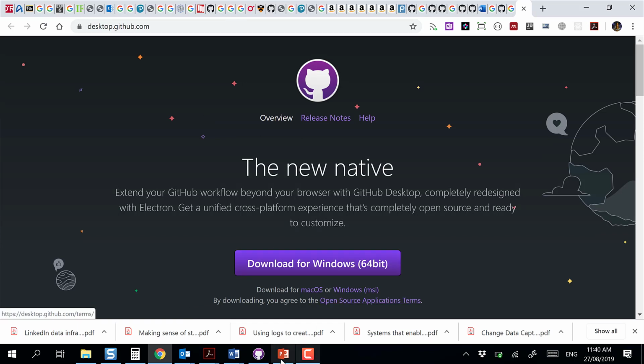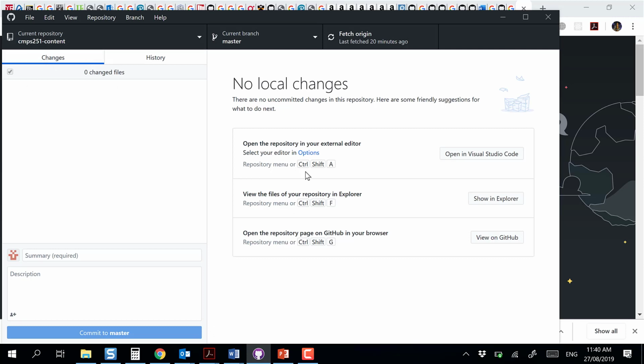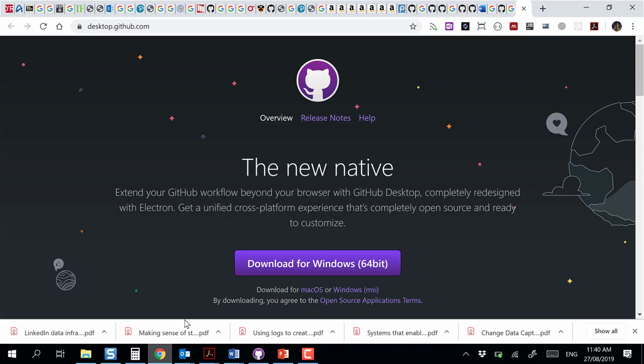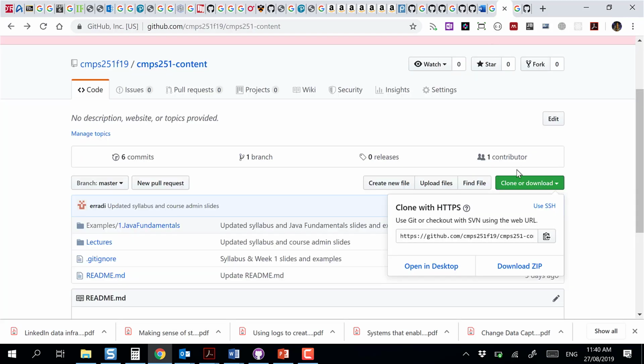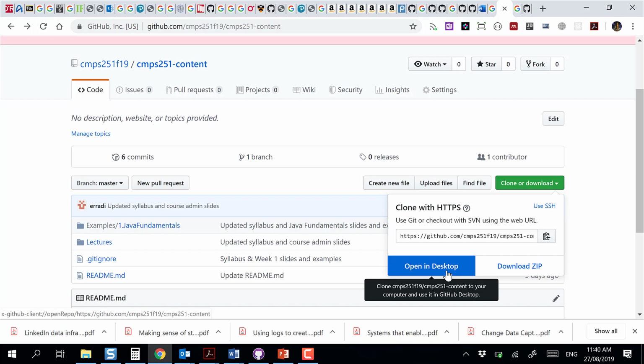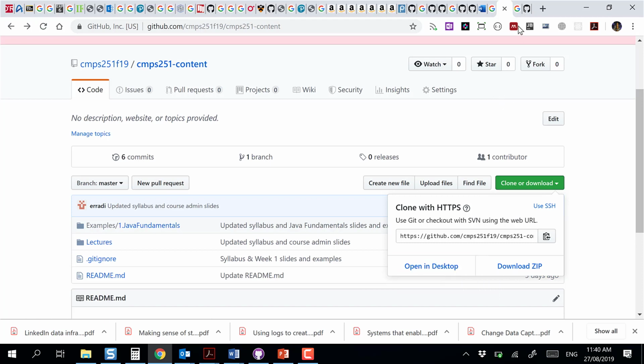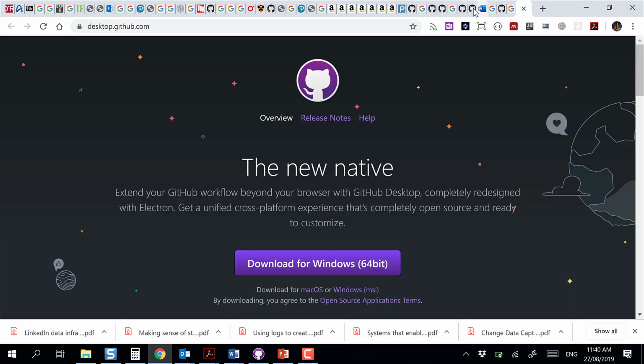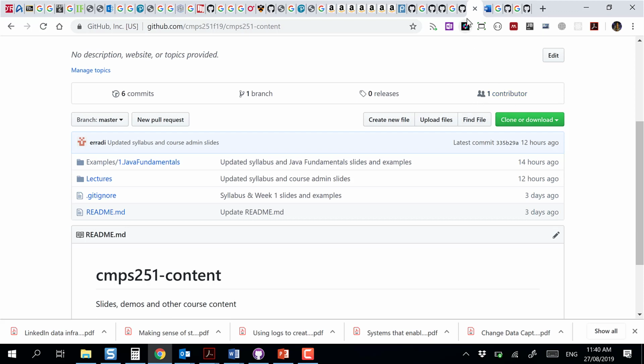You download it. Once you download it, you get something like this. A little program, very, very super simple. All you do, once you download it, instead of doing download zip, is open in desktop. Now, let me try to do it with another project so I can show you the difference.